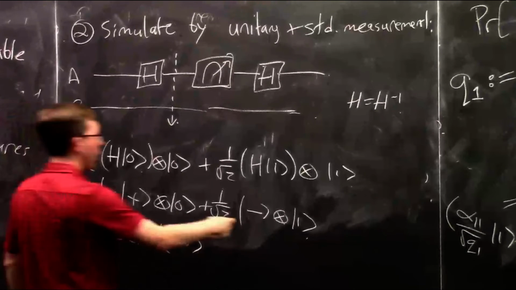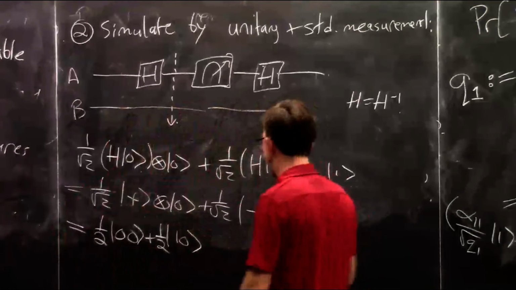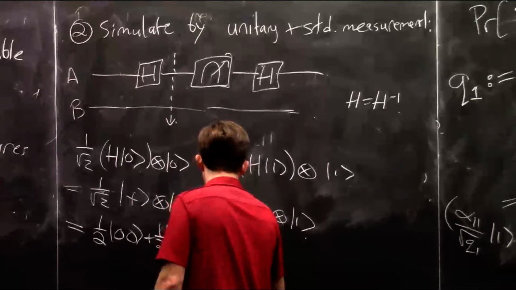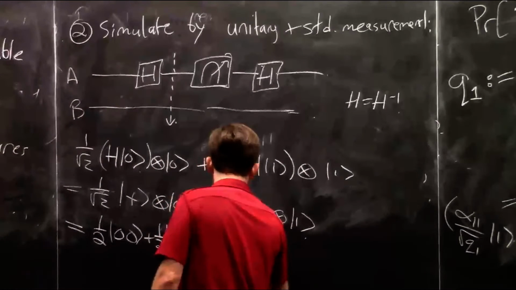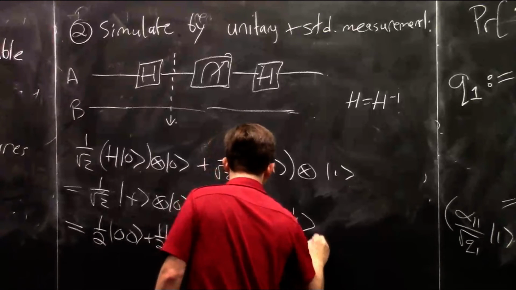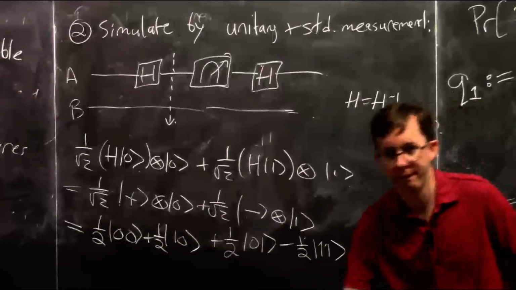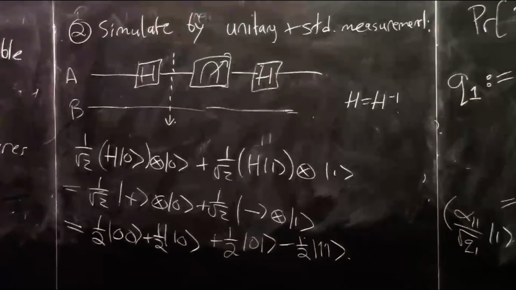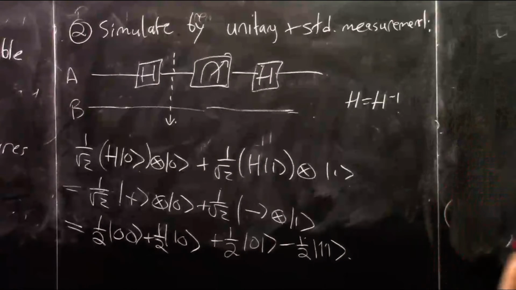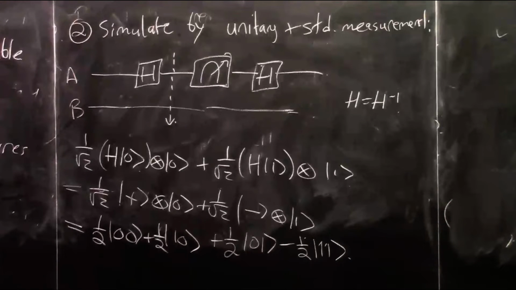And if I did the same thing here, replaced minus with its definition and expanded out, I get plus 1/2, 0, 1 minus 1/2, 1, 1. Okay? So stop me if I make a mistake. Okay, so that got us up to this point.